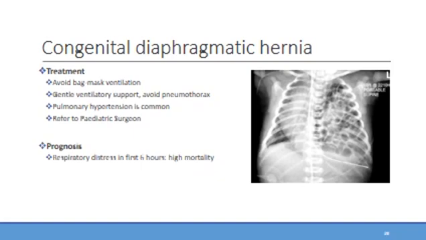The prognosis can be very poor, especially if the baby is diagnosed with respiratory distress due to the hernia in the first 6 hours of life. There's a high mortality of up to 70%, whereas babies that present after 6 hours and up to 24 hours have a much better prognosis with mortality rates of around 10 to 15%.